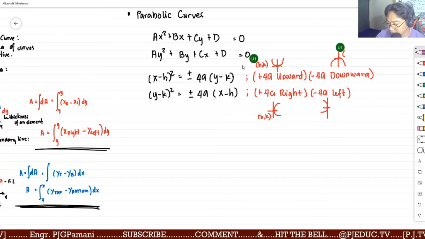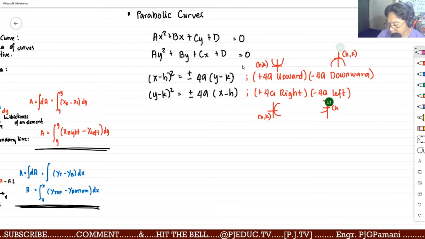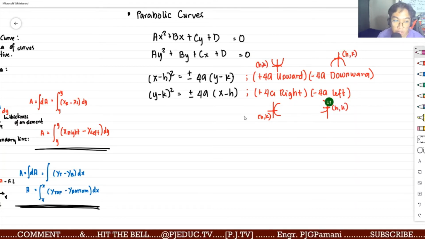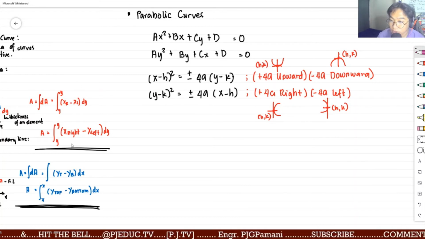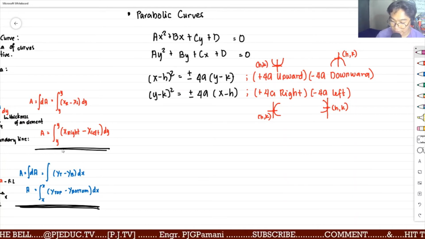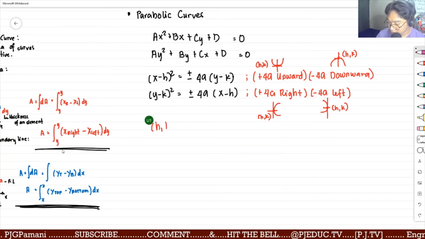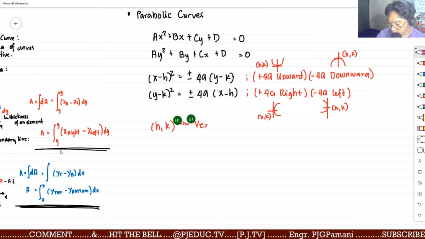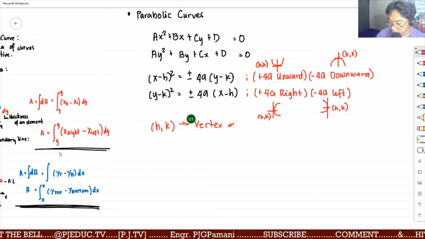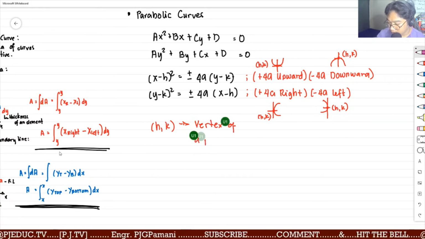After completing the square, you get H and K from the equation, which are your vertices. H and K are the vertex of a parabola.